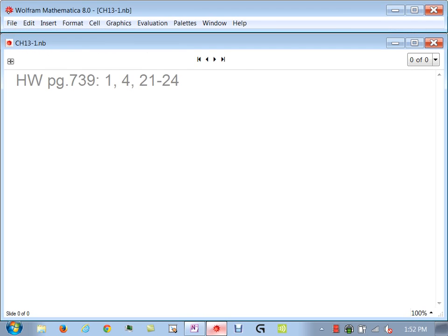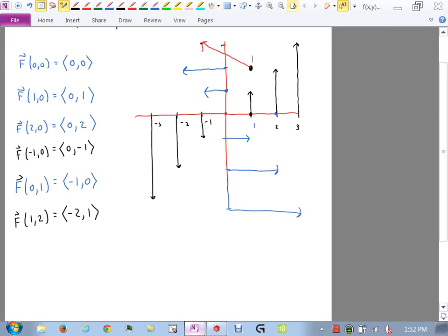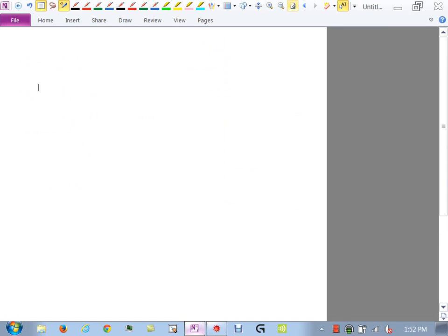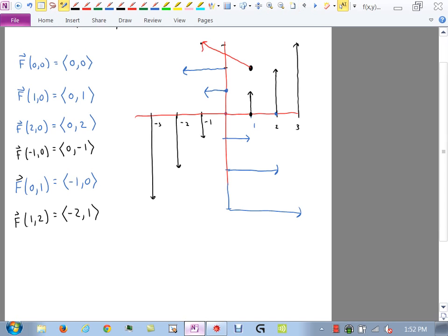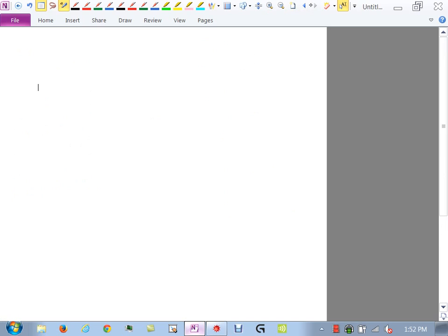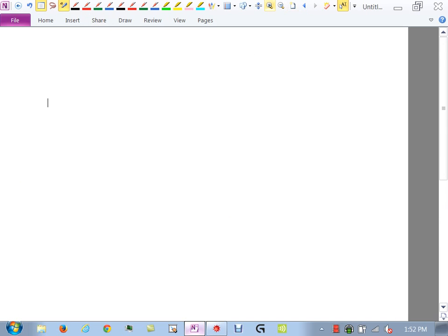So what I'd like to do to get us motivated and where we're headed is take a look at this. All right. Remember this? We just had this example. It was x squared y minus y cubed.